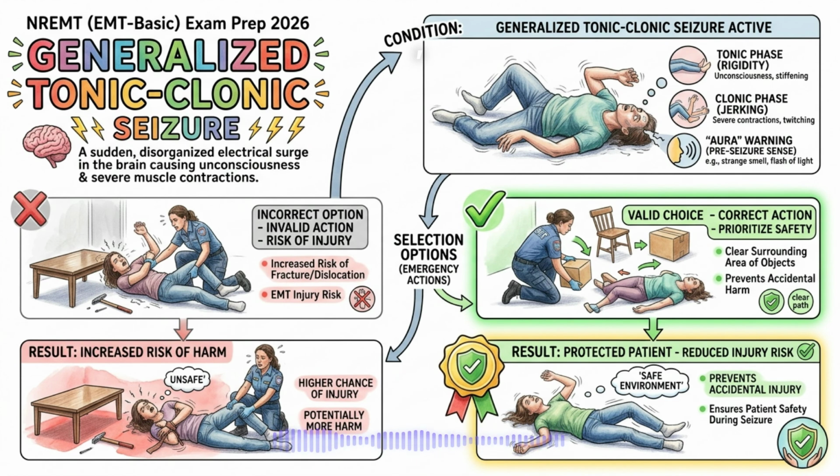Some patients may experience an aura, which is a specific sensory warning like a strange smell or visual flash, right before the seizure begins. When you arrive on a scene and a patient is actively seizing, your main priority is to protect them from hurting themselves by clearing the surrounding area of dangerous objects.